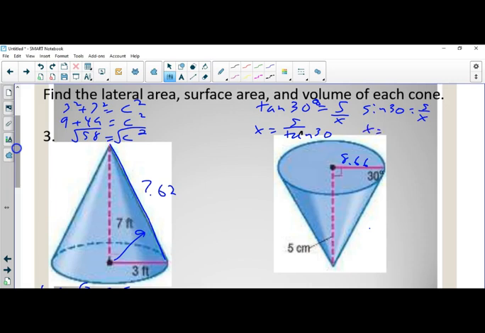And then we switch them. 5 divided by sine of 30, and you get 10. And again, you could have done 8.66 squared plus 5 squared equals c squared. Okay? So now we have all of our information.